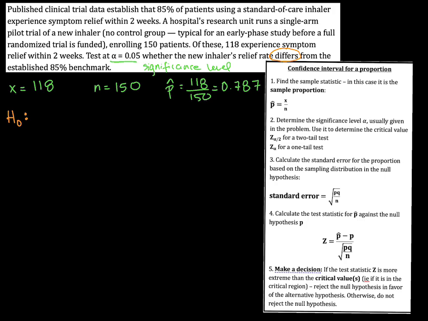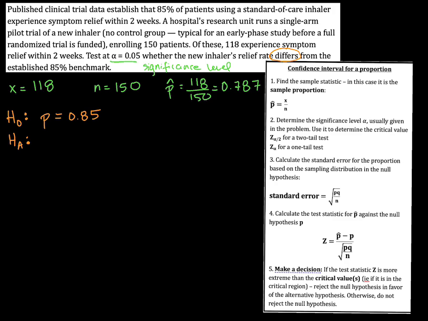We're going to say that the population proportion is equal to that established 85%, and our alternative hypothesis, we don't have a reason to think that it should be greater or lesser. Like, it could be either way. I mean, ideally we would have a greater proportion. If it's a new inhaler, you would want it to be improving people's chances of relief, maybe reducing side effects or something.